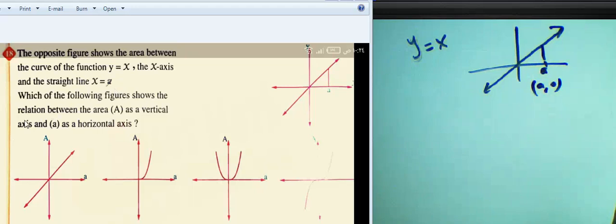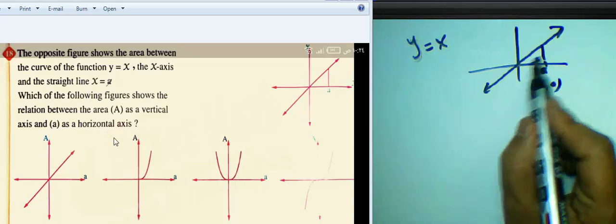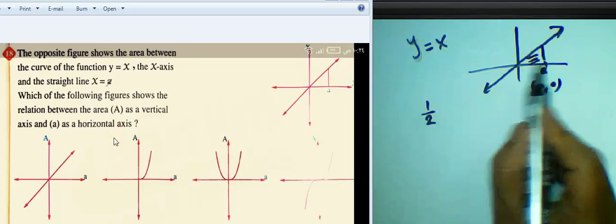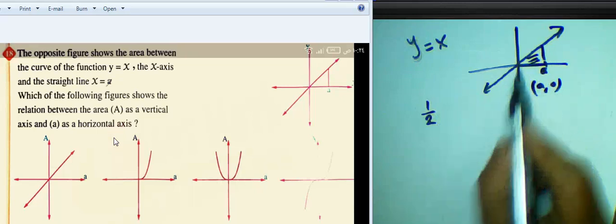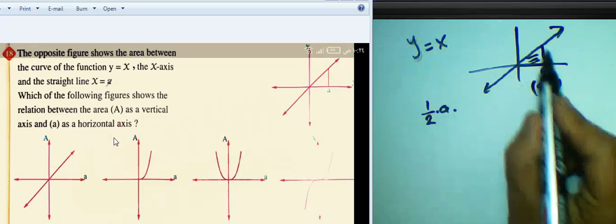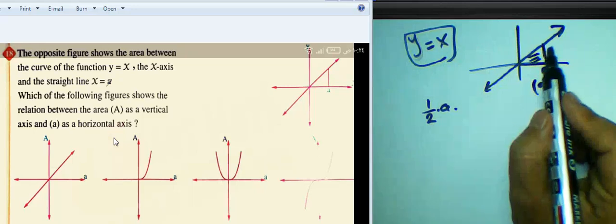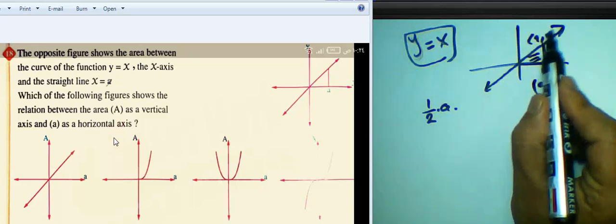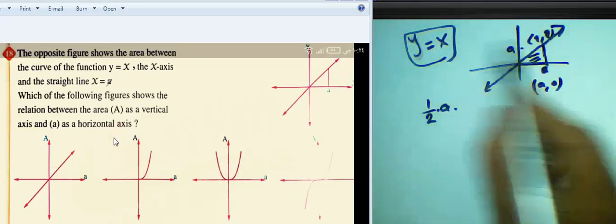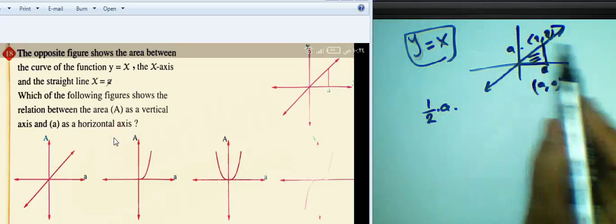Which of the following figures shows the relation between the area A and a? You can find the area of this part as half times base A times height. This height y equals x, so if x equals a, then y equals a.